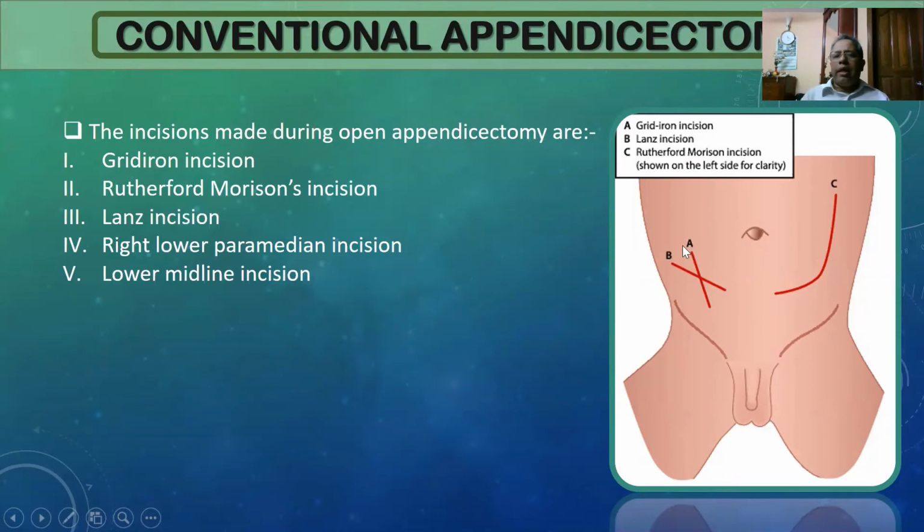So the gridiron incision, where is that incision given? At the McBurney's point. So that McBurney's point you first identify. That means you draw a line from the anterior superior iliac spine to the umbilicus, then take the junction of the middle third and lateral third. If you make an incision at right angles to the line, it is called the gridiron incision.